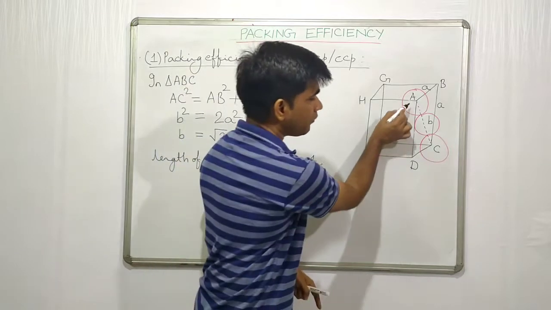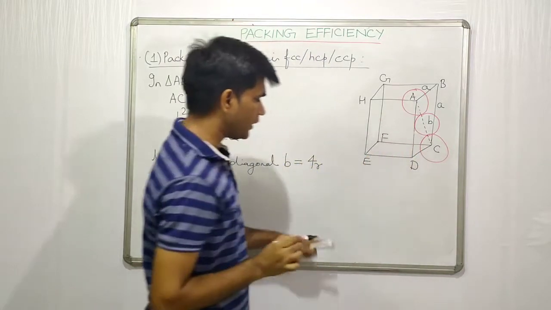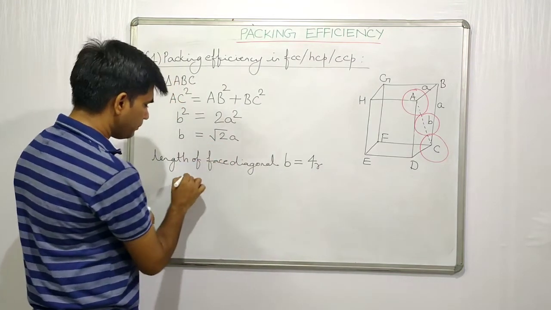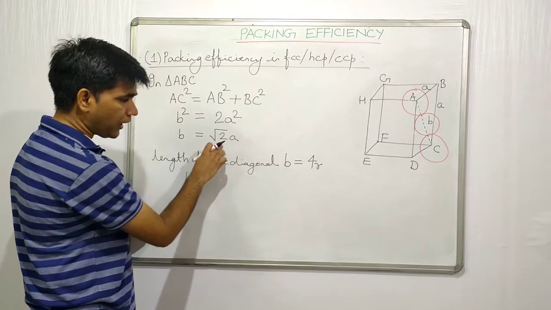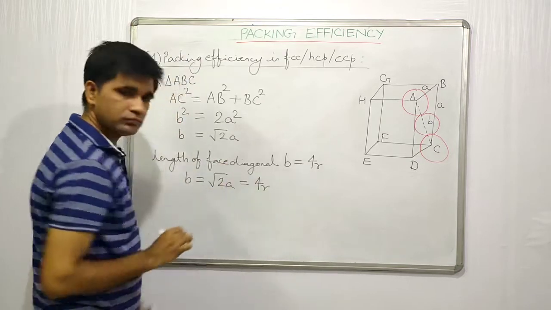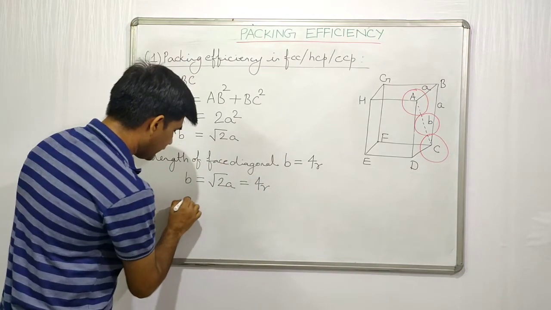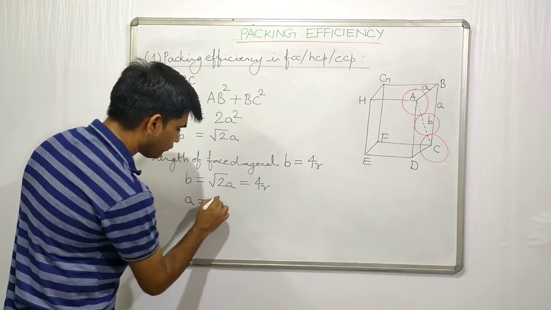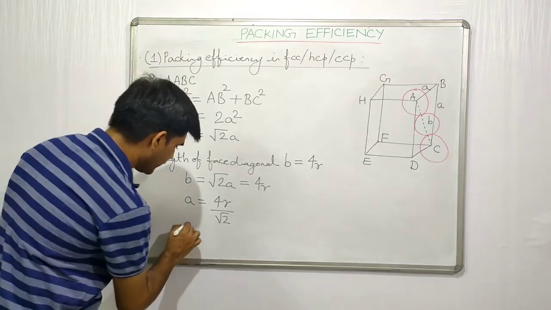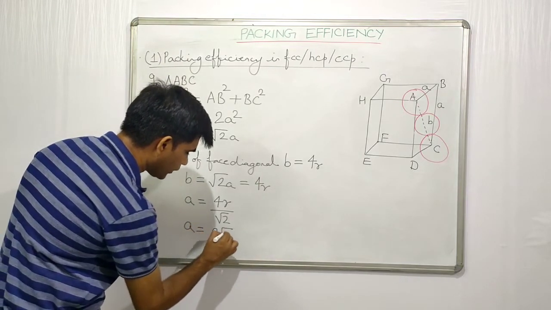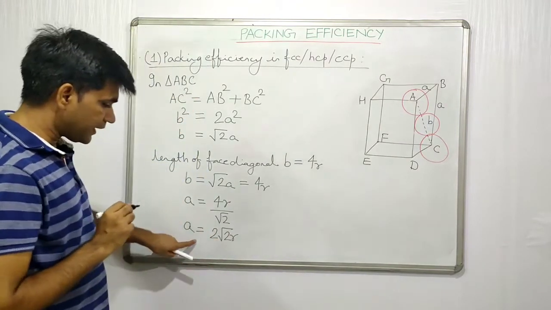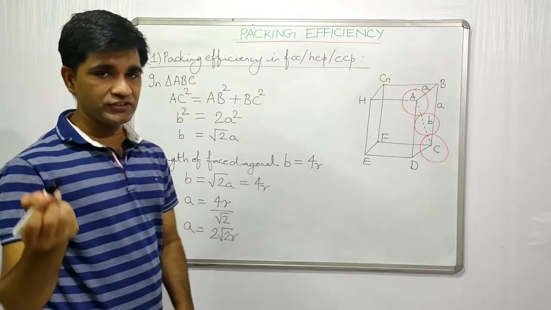So the total value of this face diagonal is equal to 4r. So we can write b is equal to root 2 a is equal to 4r. So a is equal to 4r by root 2, or we can write a is equal to 2 root 2 r. Students, now we will put the value of this a in the formula of packing efficiency.